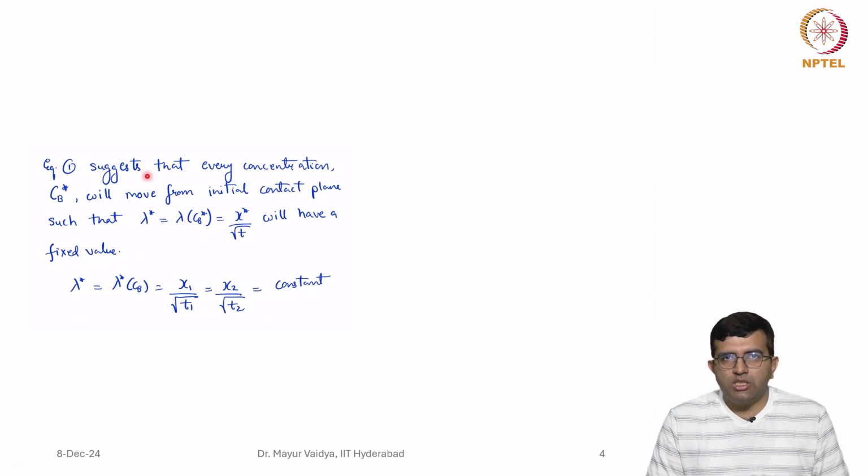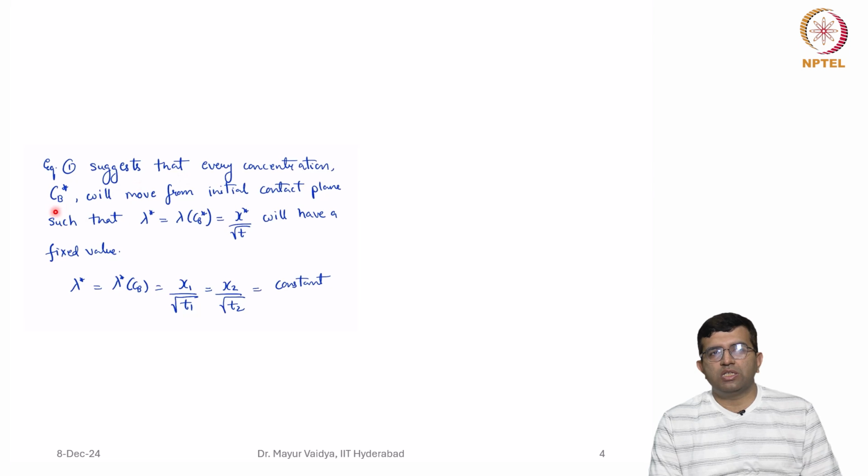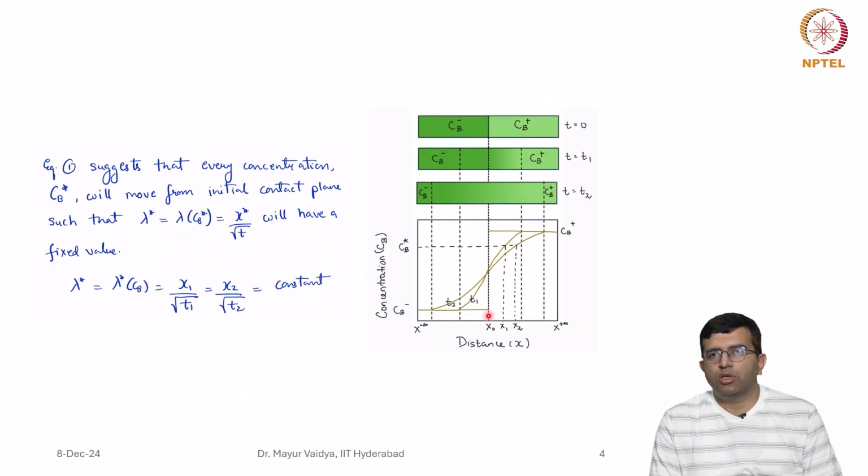This equation suggests that every concentration Cb star, any composition of interest, will move from the initial contact plane such that lambda star equal to x star by root t has a fixed value. That means x1 by root t1 is equal to x2 by root t2 is equal to a constant.